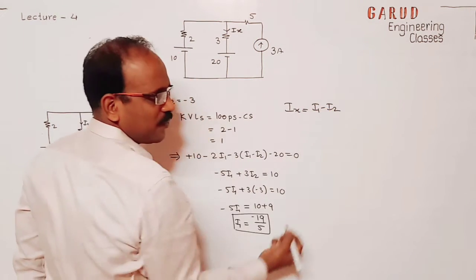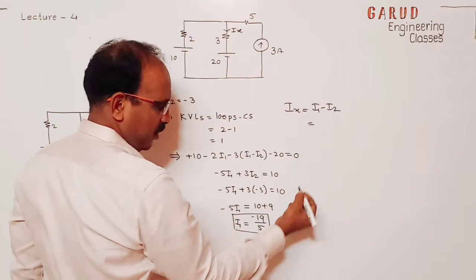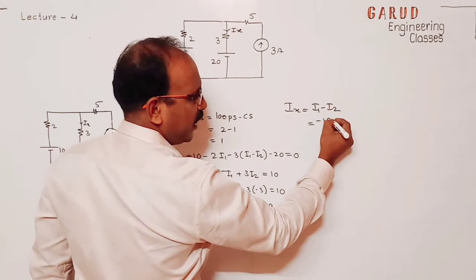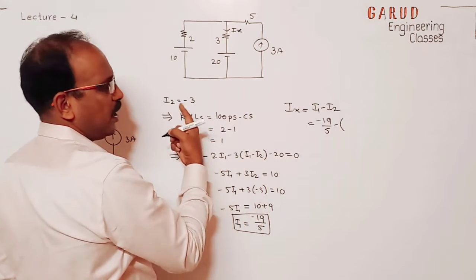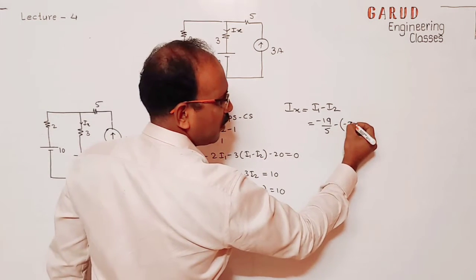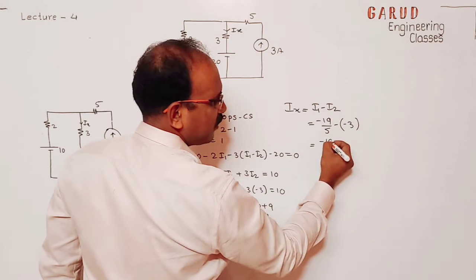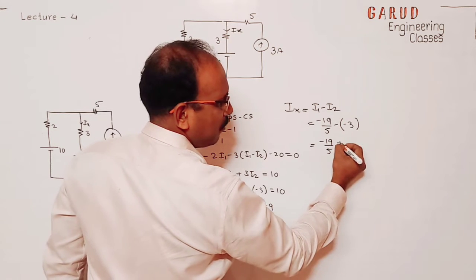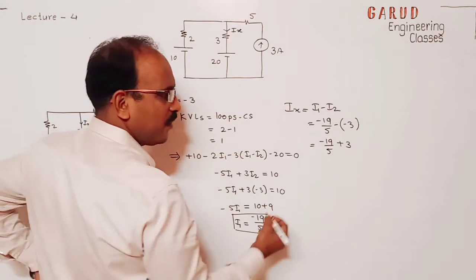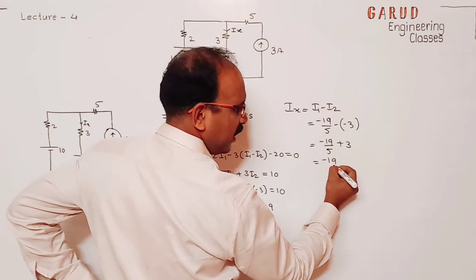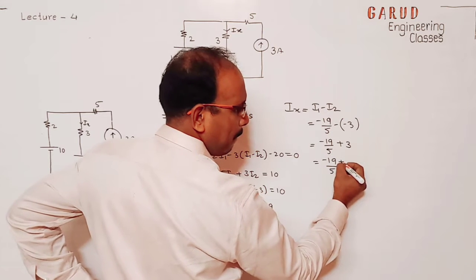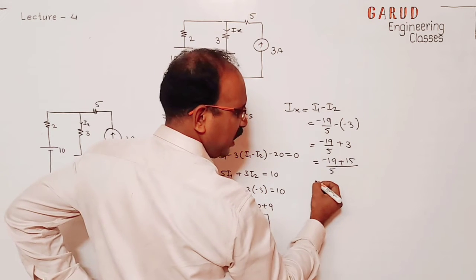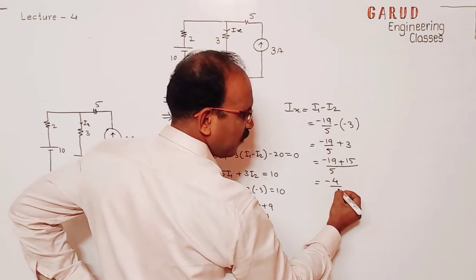I1 is minus 19 by 5 and I2 is minus 3, so it will be minus 19 by 5 plus 3, which is minus 19 by 5 plus 15 by 5, so minus 4 by 5.